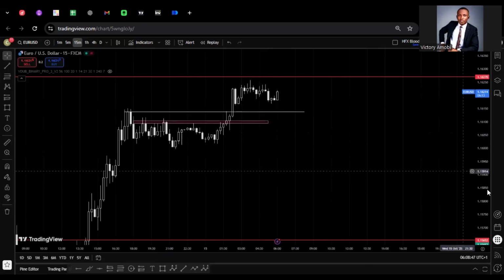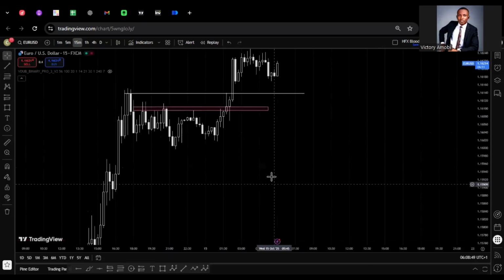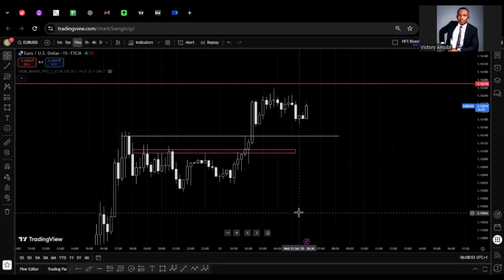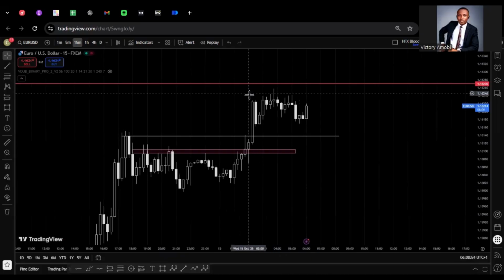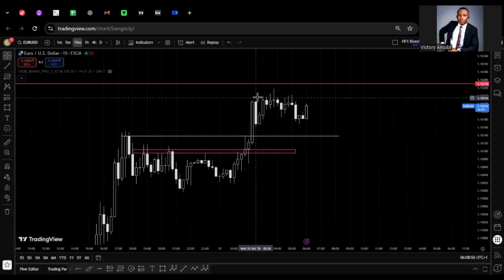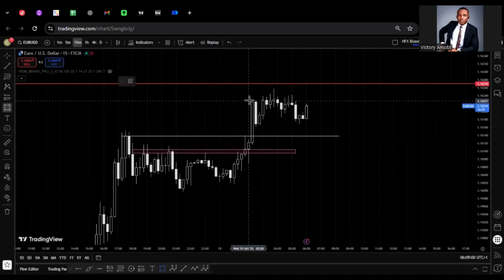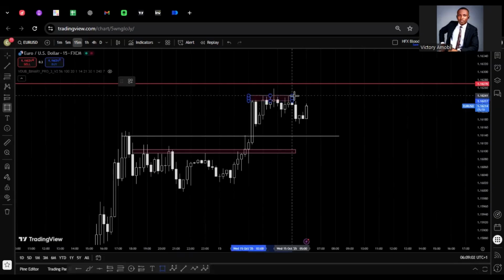So looking at this, we have another area of interest right above here. This is a good resistance zone. The market has been resisting this zone for the longest time, right?